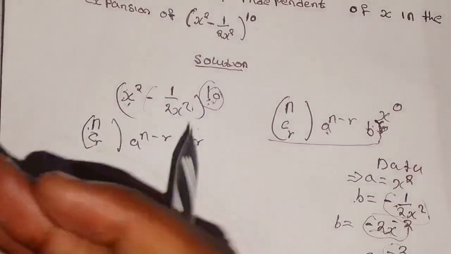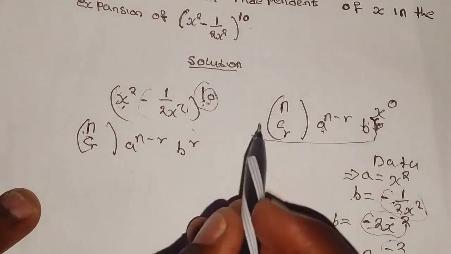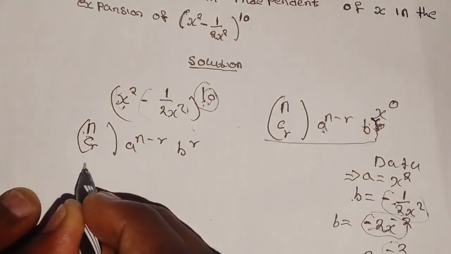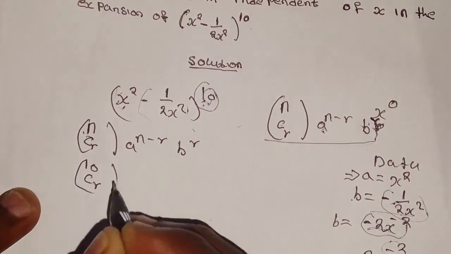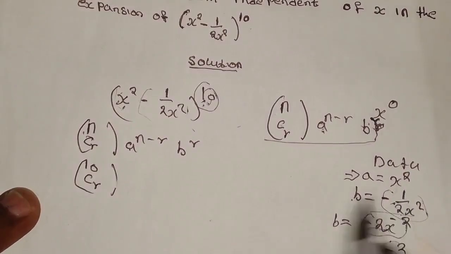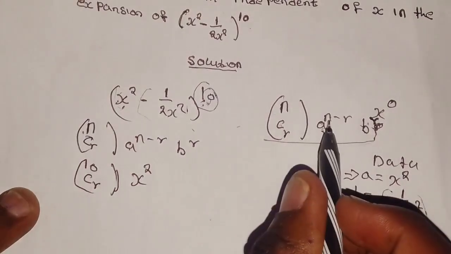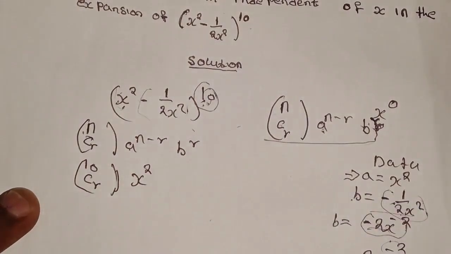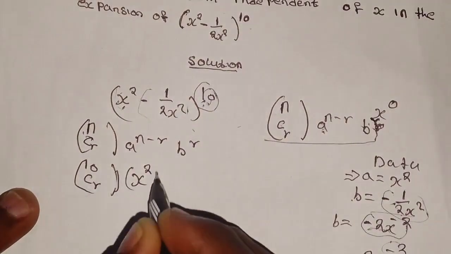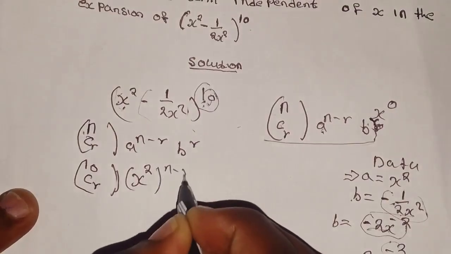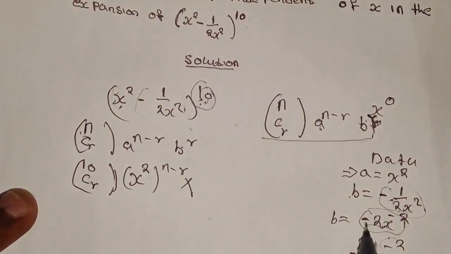Our n represents the power used in a binomial expression. So we're going to have 10 choose r multiplied by our a, which is x squared, and don't forget a is raised to the power n minus r, multiplied by our b.